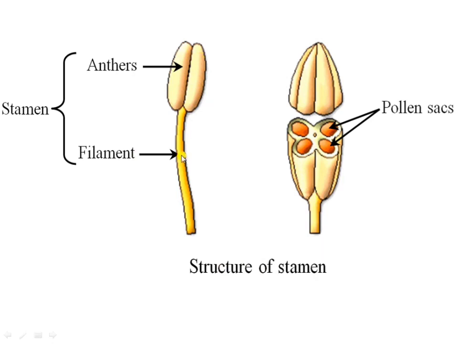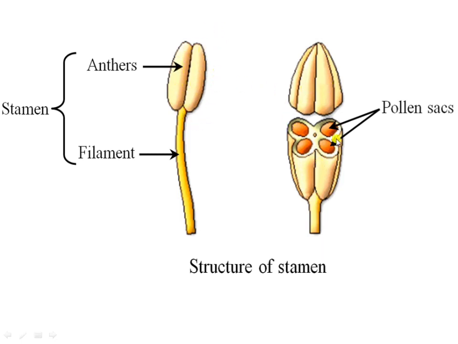The anther is a 2-lobed structure, the first lobe and the second lobe, present on the tip of the filament.